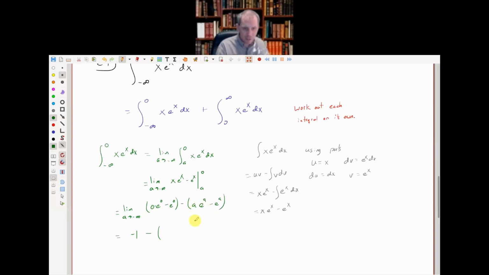A times e to the a is going to be a little bit confusing, so let's leave that for now. And then we have the limit as a goes to negative infinity of e to the a.